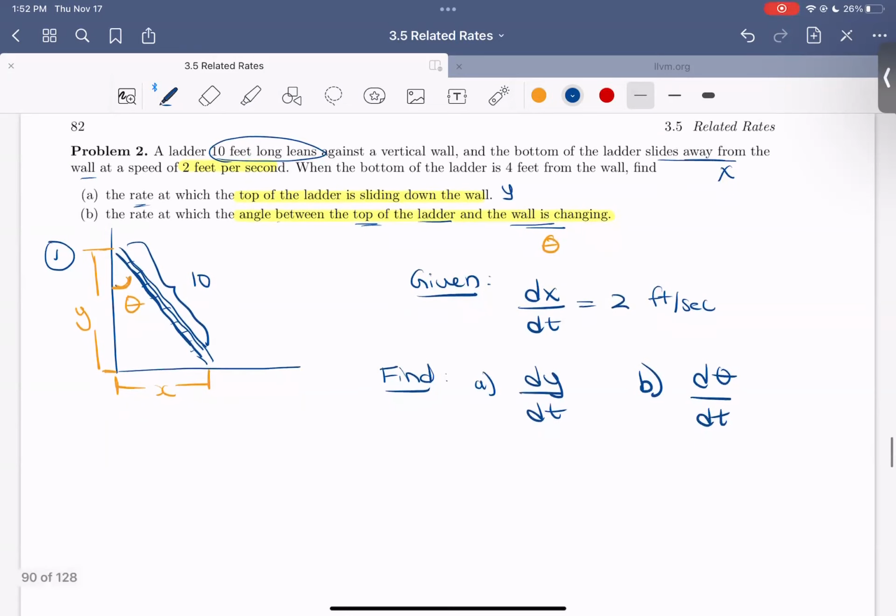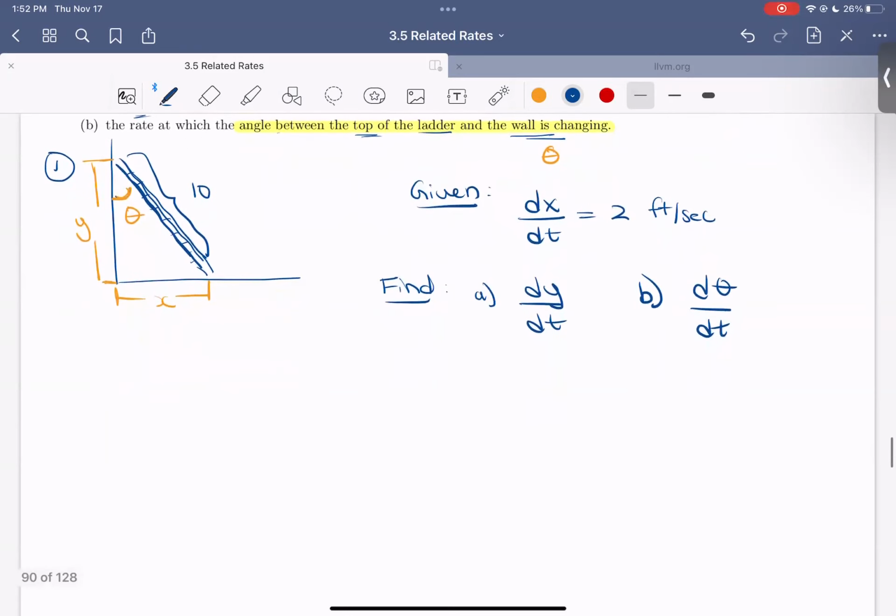For step 2, we need to write an equation that relates all of these variables. Taking a look at the diagram, are there any equations that stand out that might be useful? We're dealing with a right-angled triangle, so we can use the Pythagorean theorem.